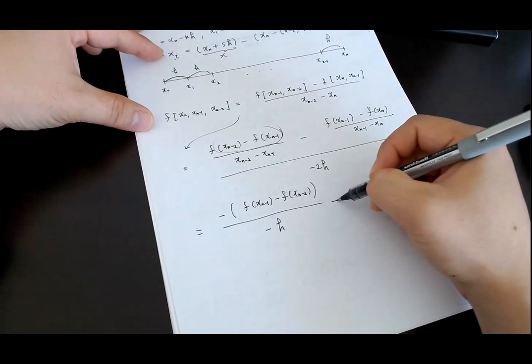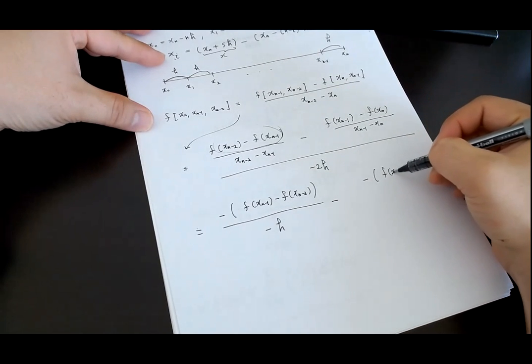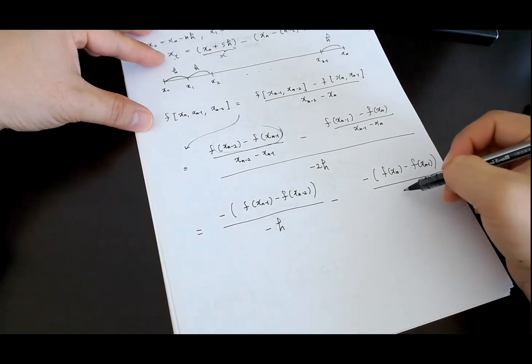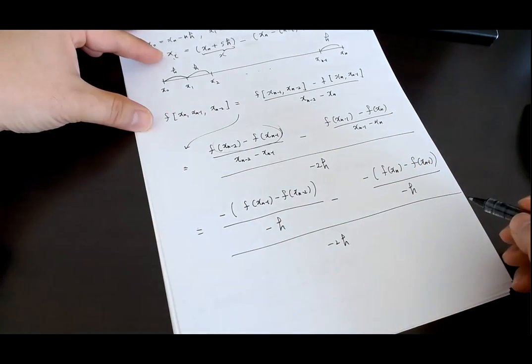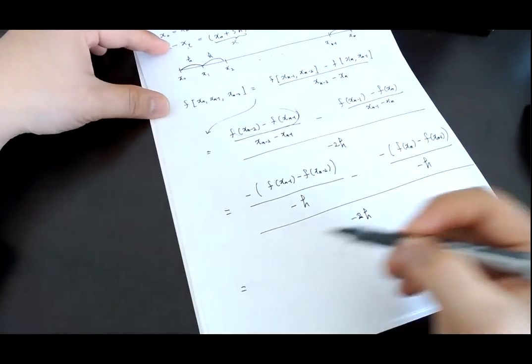Minus the second fraction, which is f of x_n minus f of x_{n-1} over negative h, and divided by negative 2h, which is 2h.